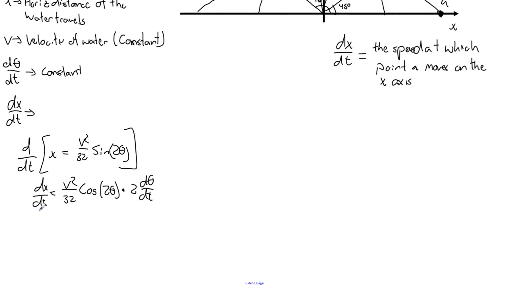I'm going to divide out that 2 and 32, and it'll be v squared over 16 cosine 2 theta, times d theta over dt.